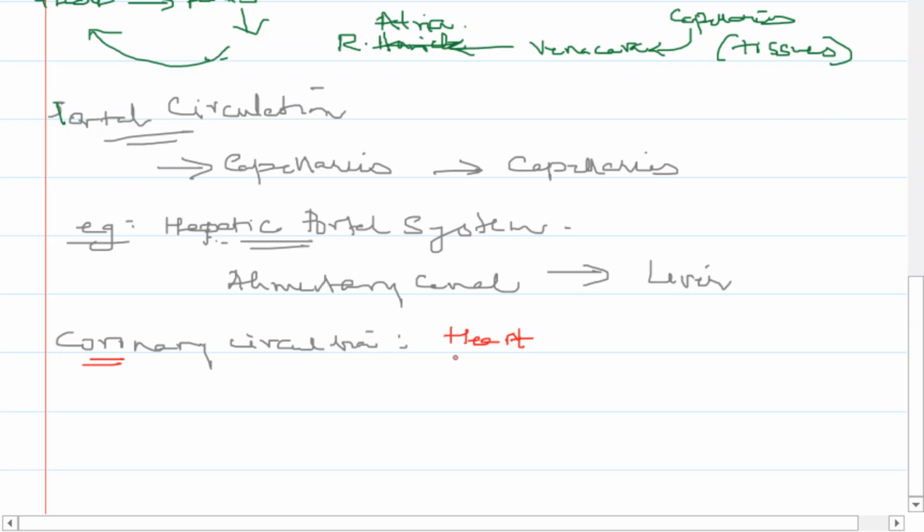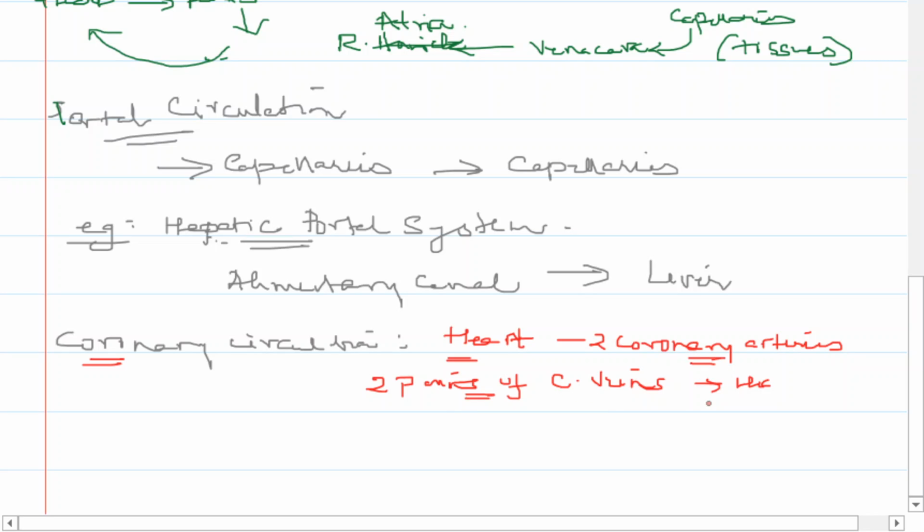So the heart also gets a blood supply, and that is through two coronary arteries and two pairs of coronary veins collected back to your right atrium. So these supply the oxygenated blood, and these bring back the deoxygenated blood.